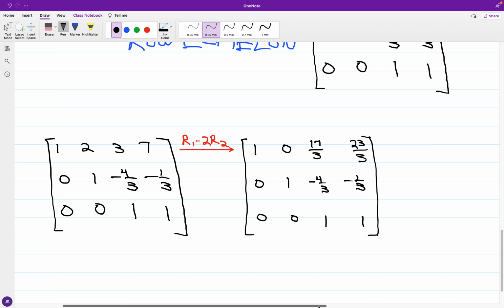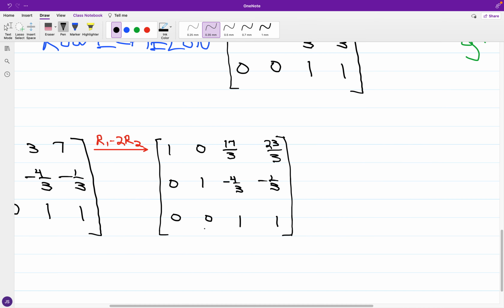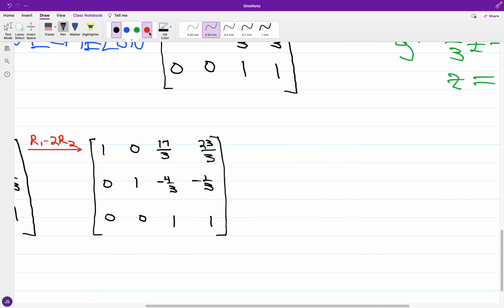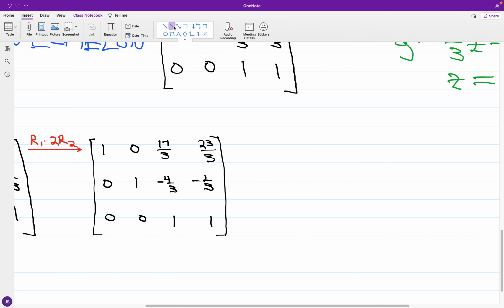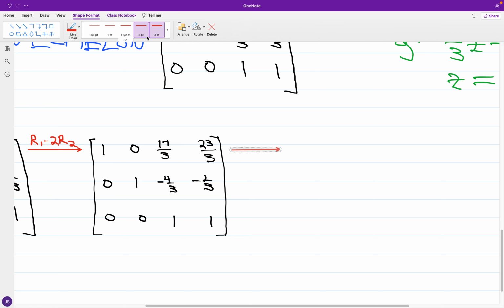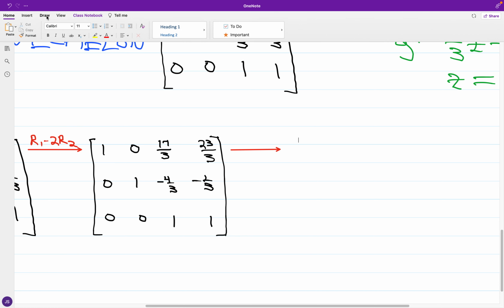So I now have 1, 0, 0, 0, 1, 0, and I want 0, 0, and 1. So what I can do here with the top row is make this 0.